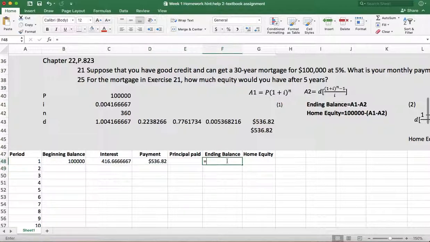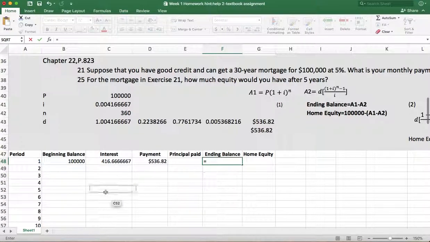Ending balance is the beginning balance plus the interest. Your loan keeps growing, but you have a monthly payment to cancel out some of your loan, minus monthly payment. This is your ending balance.